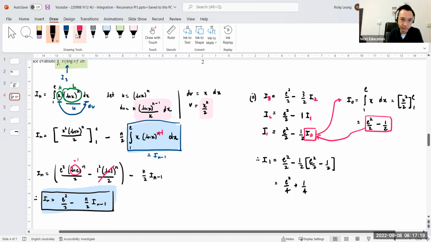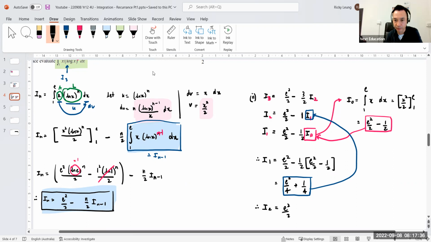Perfect. Guys, once you get that, I want that populating this guy here. So this guy into here, please. It's tedious, just a bit of tedium. So let's see, minus 1 times, just e squared on 4 plus a quarter.